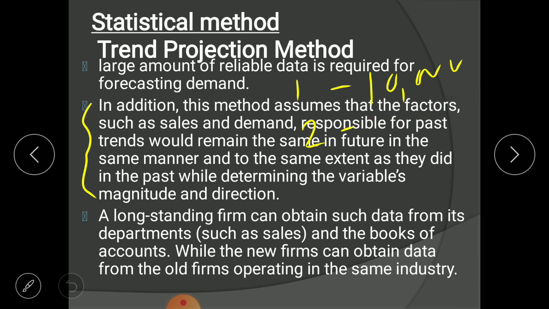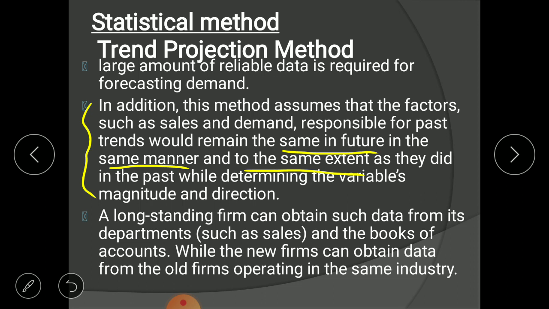See what is written here. Same in the future, same manner, and to the same extent. Whatever was the relation, the same relation will continue. If demand has increased in the past, demand will increase in the future. If demand has increased at a double rate, then demand will increase in the future at a double rate.